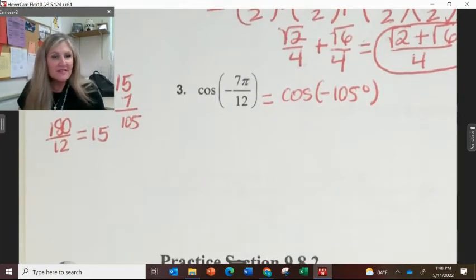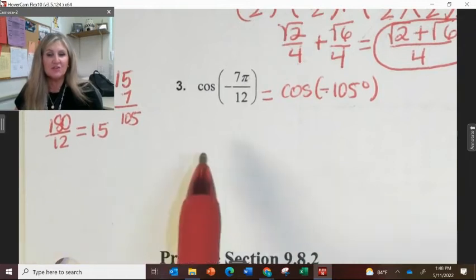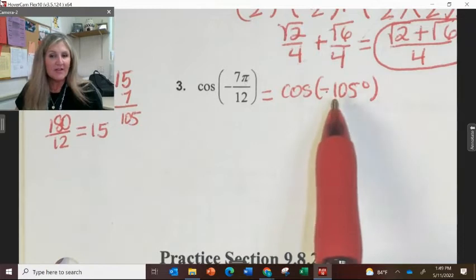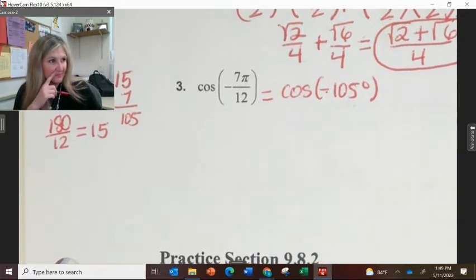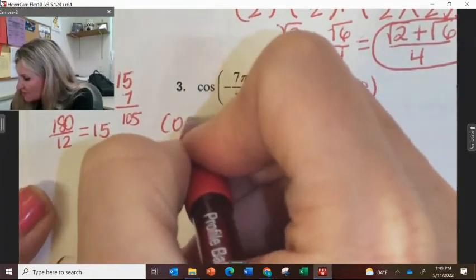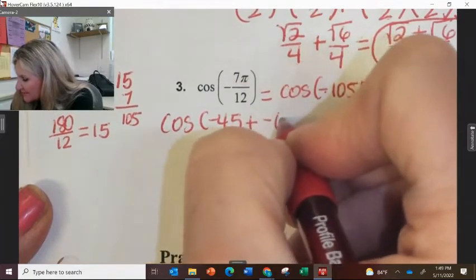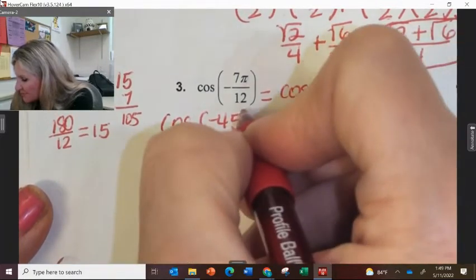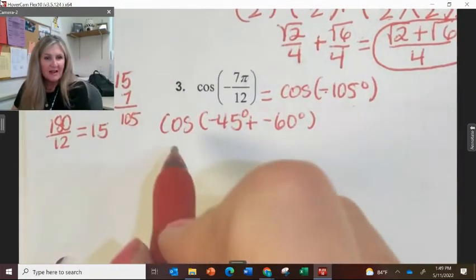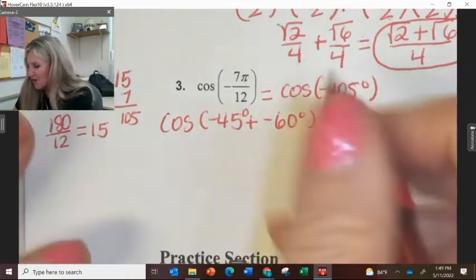Now, we have lots of options. Negative 105. Can anybody think of two numbers from our list, and they can be positive or negative, that will give us 105? Very good. So I'm going to think of this as the cosine of negative 45 plus negative 60. There are other options, but this is going to be fine. How does cosine start? Does it go cosine sine or coco? Coco.